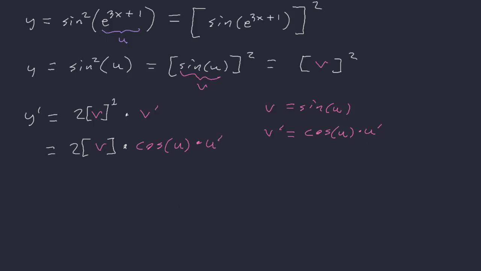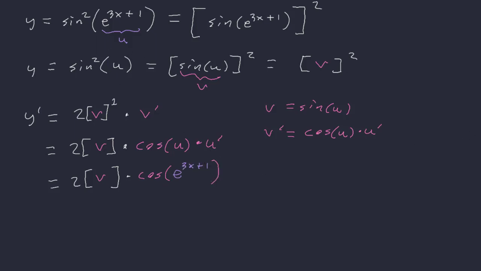Okay, so what was u? Well, u is e to the 3x plus 1. Okay, so let's put that in. We'll have 2 times our v times our cosine of u, but our u was e to the 3x plus 1.